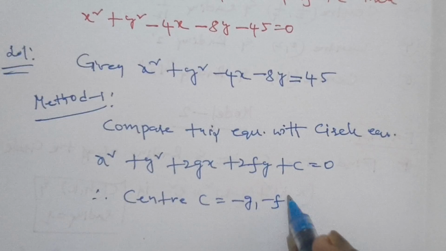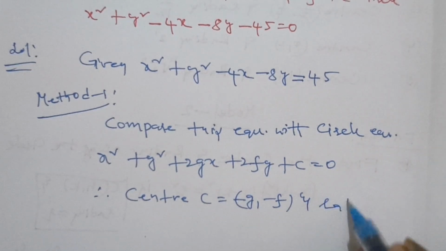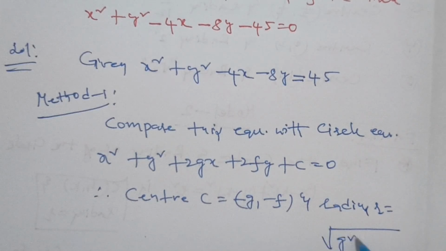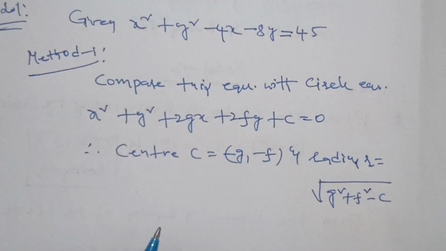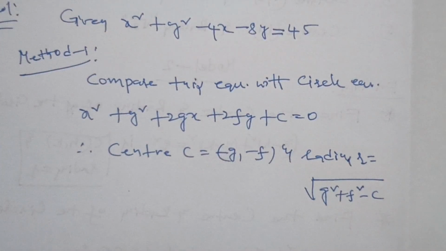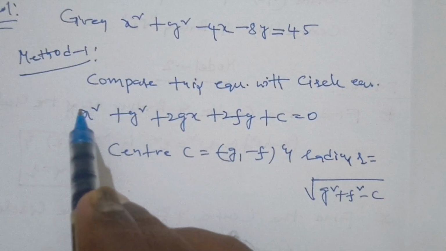Now coming to method 1, by using the formula just seen, compare this equation with the circle equation of the form x square plus y square plus 2gx plus 2fy plus c equals 0. In such case, we have the center formula minus g comma minus f, and radius r equals square root of g square plus f square minus c.